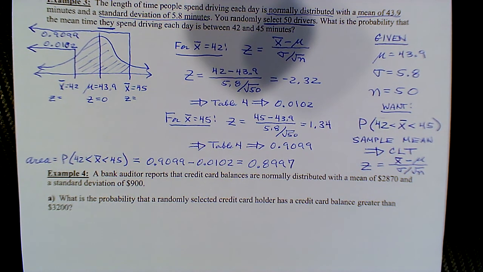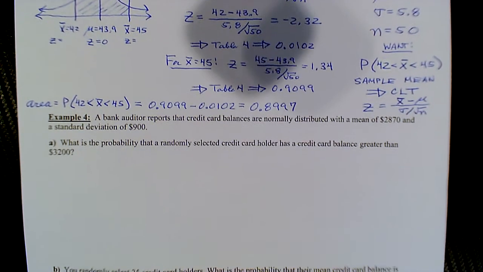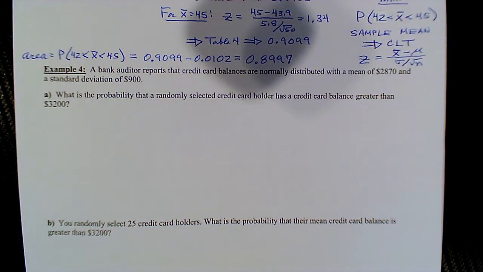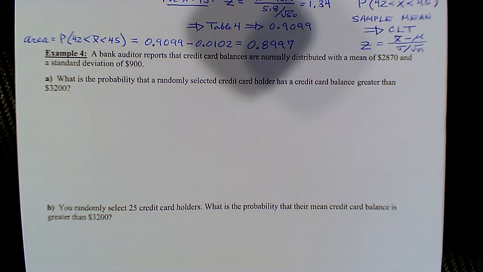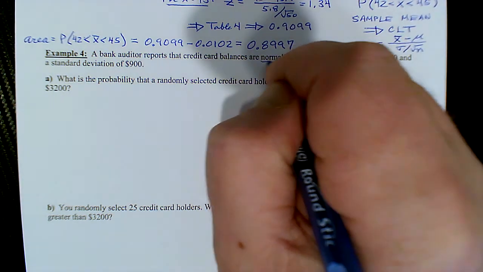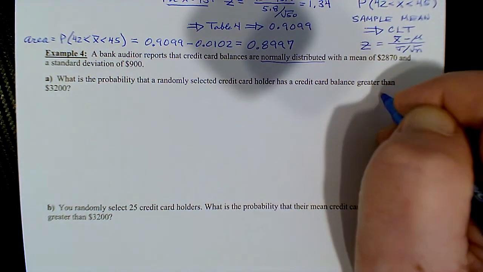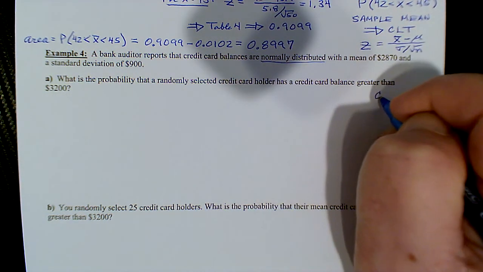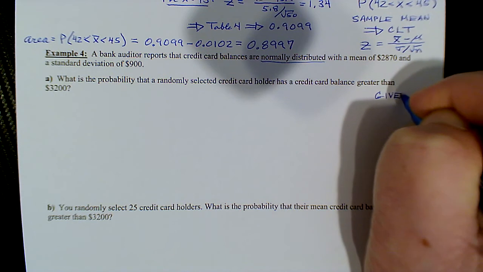Alright, so another example to finish off this section. And here we're talking about a bank auditor who's reporting the credit card balances are again normally distributed, so it's always a good thing to read. Just write down the givens off to the side.